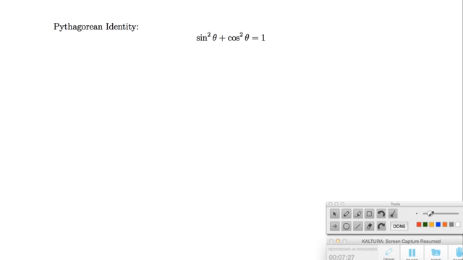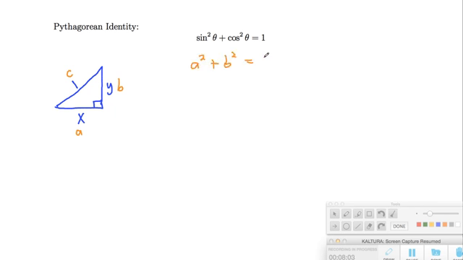So the Pythagorean identity, that the sine squared plus the cosine squared equals 1, really comes back to that unit circle idea that I was talking about. If you have a right triangle, and again, suppose you're on the unit circle, hypotenuse is 1, remember that cosine is the x-coordinate and sine is the y-coordinate. Now, the Pythagorean theorem, remember, if this was side length A, and this was side length B, and this was side length C, tells us a squared plus b squared equals c squared.